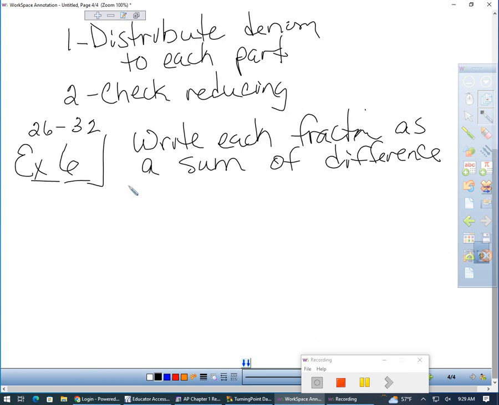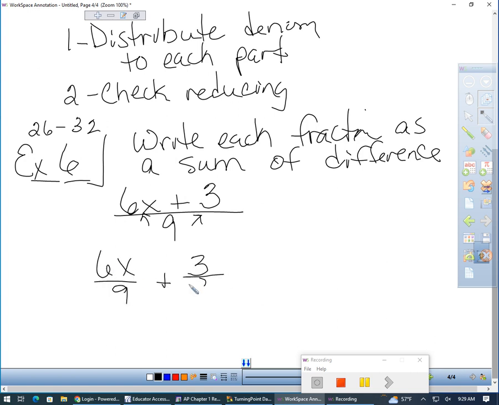So let's say I have 6x plus 3 over 9. So step 1 says distribute the denominator to each part. So we're going to take and give this 9 to each part of it. So that's step number 1. So I have 6x over 9 plus 3 over 9.